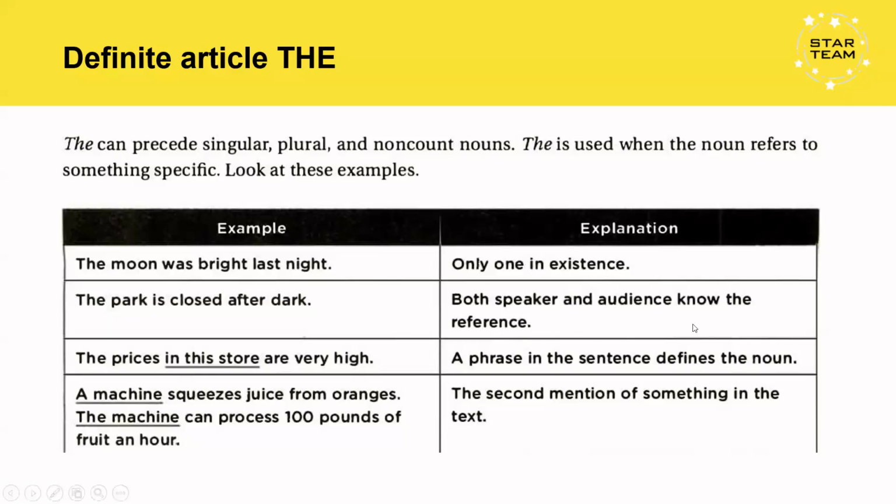Both speaker and audience know the reference. When we mention a certain thing, we use "the." For example, the park is closed after dark, or maybe please open the window, which means that we know which window should be opened or closed, yes?